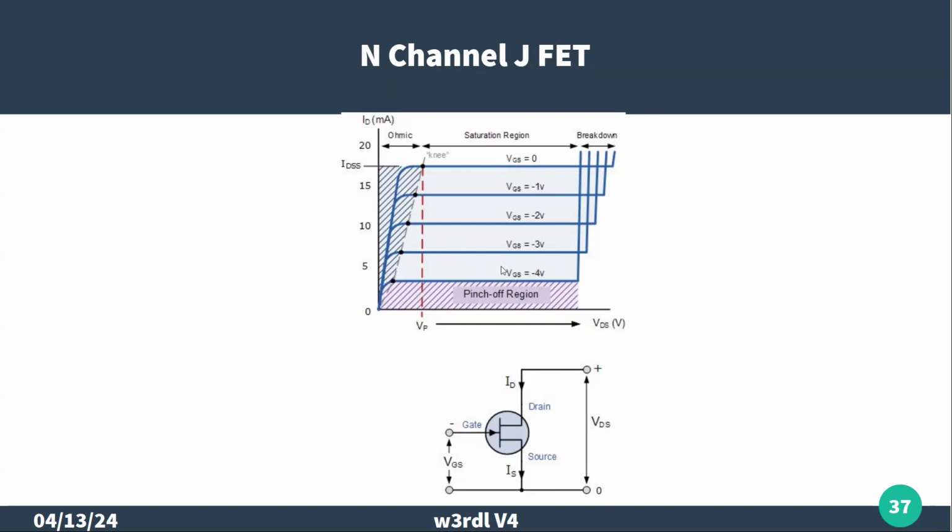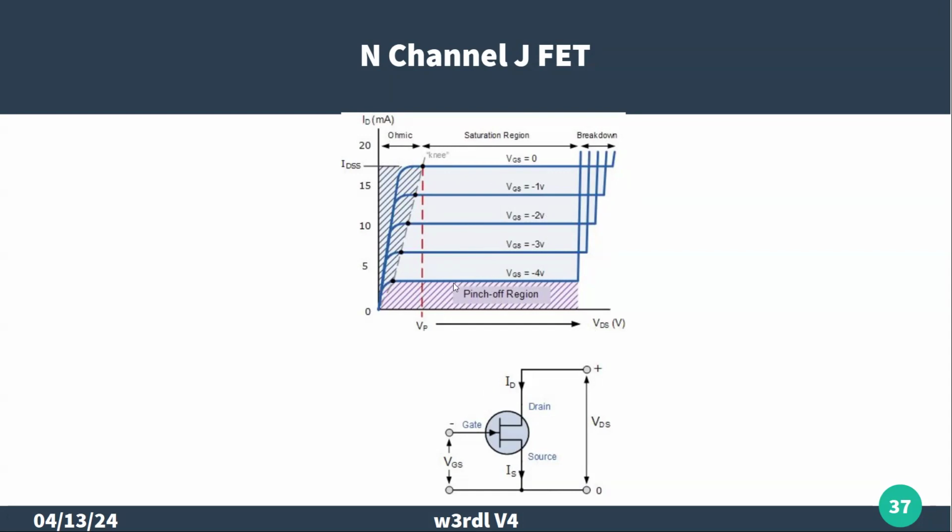It shows that in this particular case, if there's 0 voltage on the gate, it allows the maximum current to flow. As we apply a negative voltage on the gate, and this is an N channel, it kind of pinches off the current flow with that field.